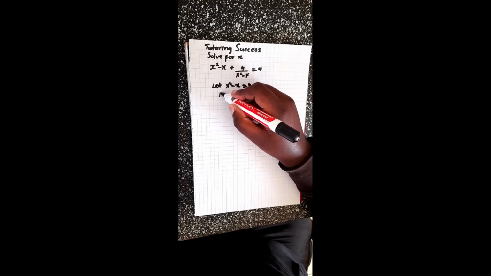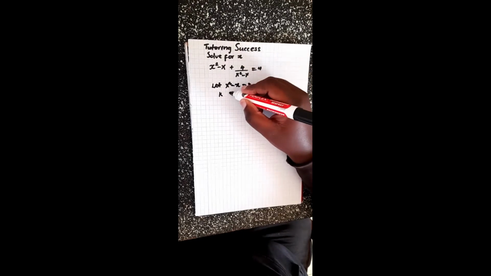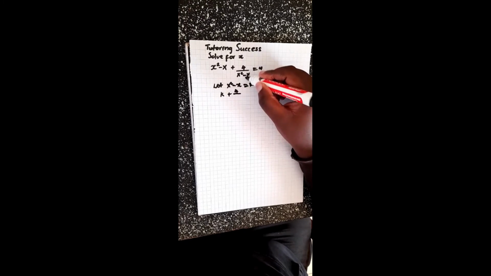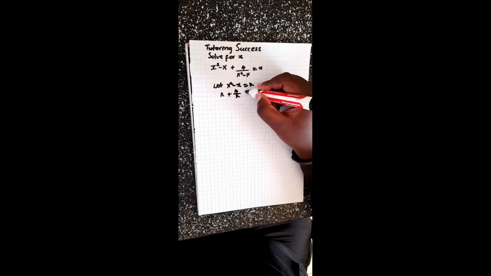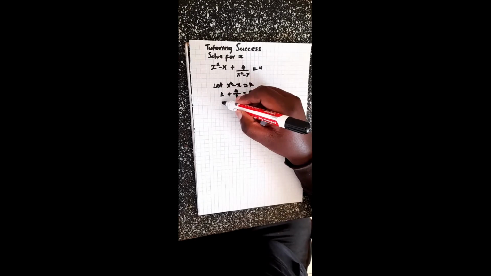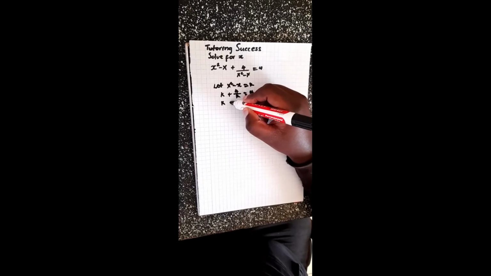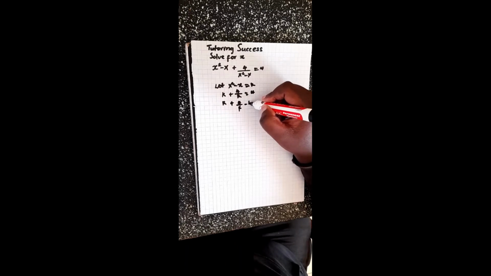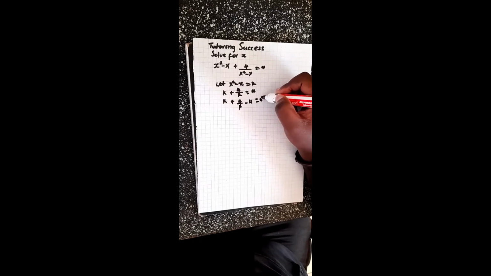So in this case, you are going to have k plus 4 over k equals 4. Then you want to take that 4 to the other side, so we are going to have negative 4 equals 0.